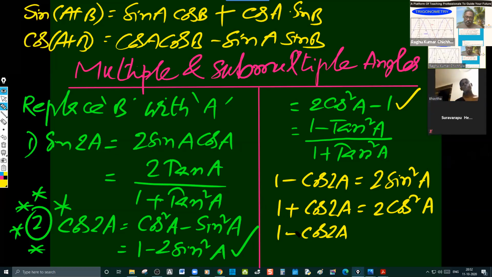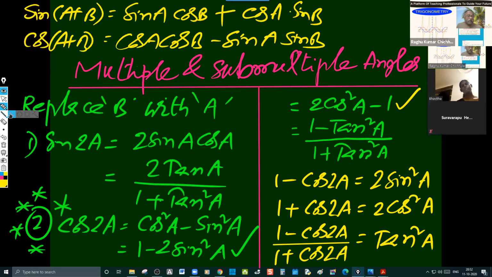1 minus cos 2a whole divided by 1 plus cos 2a is equal to, 2 getting cancelled, you'll get tan square a.